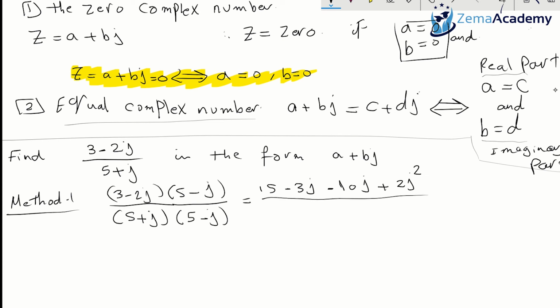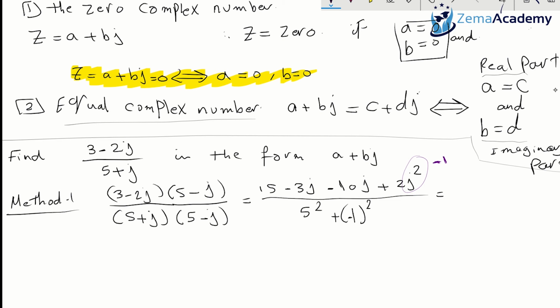Over, if you multiply two conjugates, you said a squared plus b squared. Do you remember that? We had it in the first class. It's 5 squared plus 1 squared. Now what you have here, j squared, if you remember that j squared equals minus 1, correct?